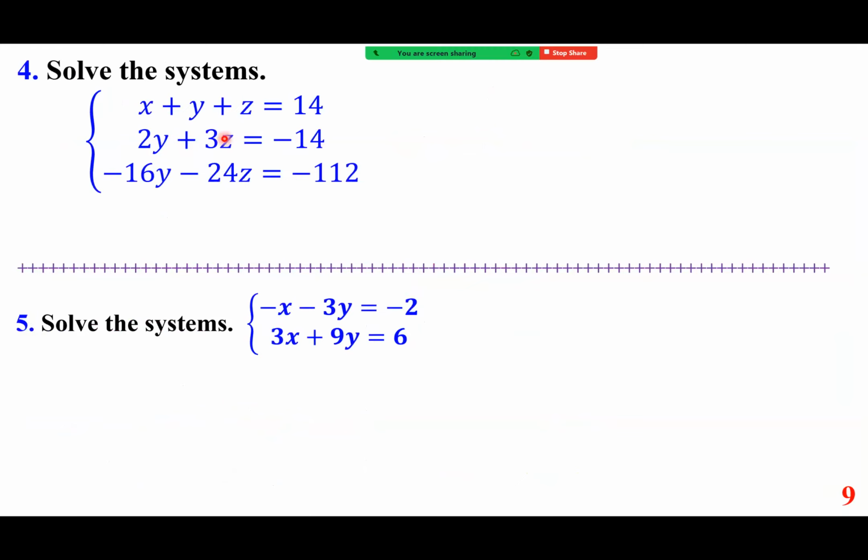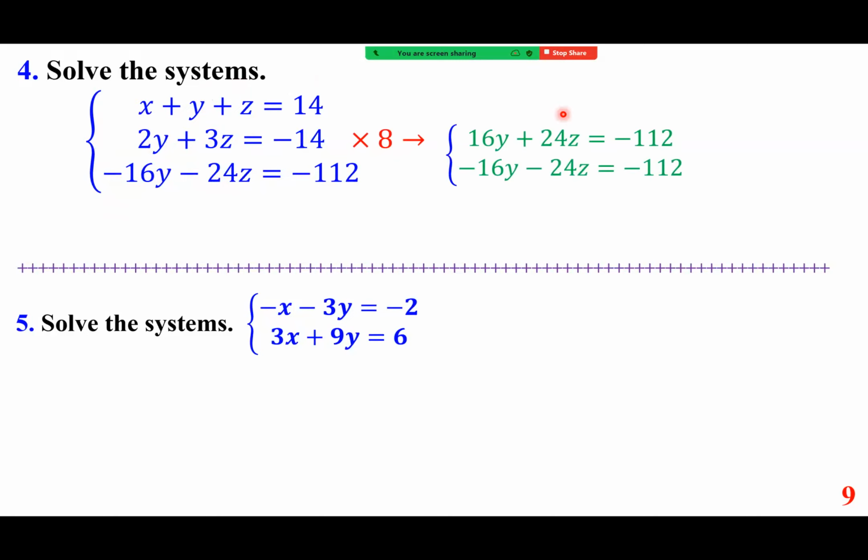If I multiply this one by 8, by the way, if I were to write the augmented matrix, it would be 1, 0, 0, 1, 2, negative 16, 1, 3, negative 24, and those numbers, okay? So if I multiply this one by 8, I get 16y plus 24z equals negative 112.